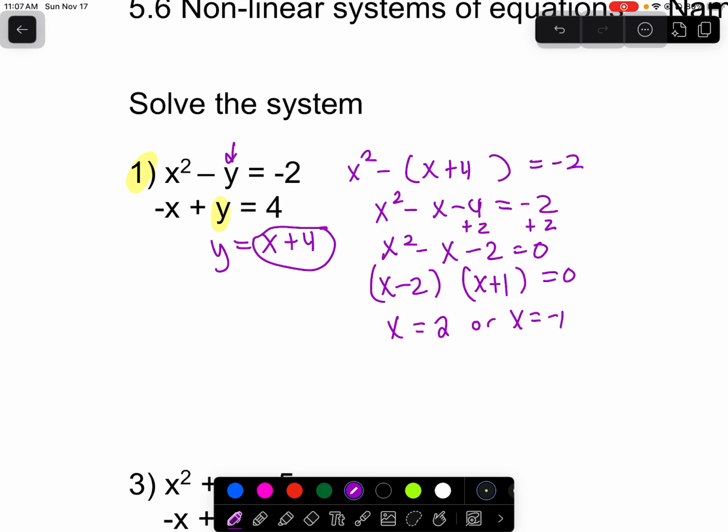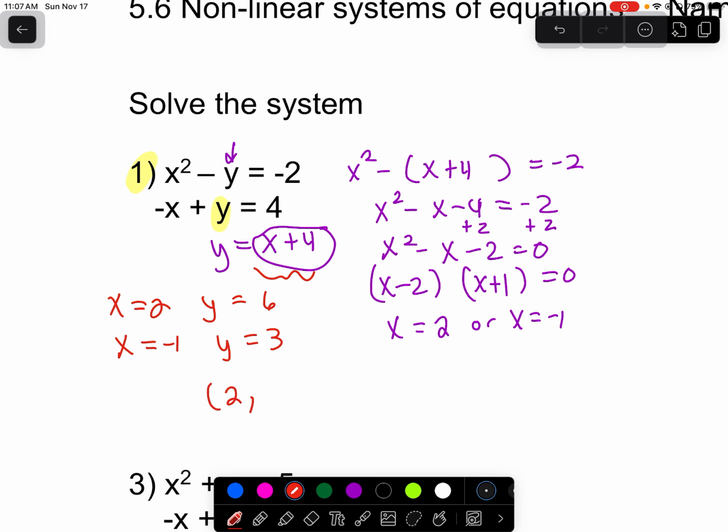Now, remember, this is an ordered pair. So what's great is we've solved this for y. So let's stick our x of 2 back in, and we get 6. Let's stick our x of -1 back in, and we get 3.